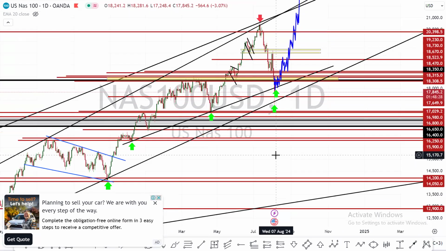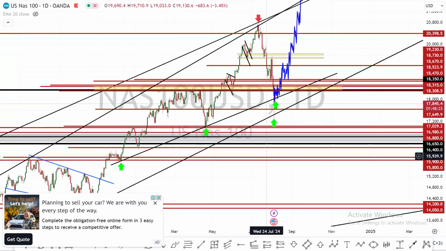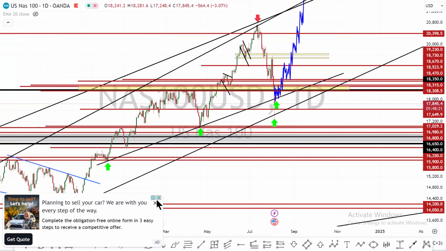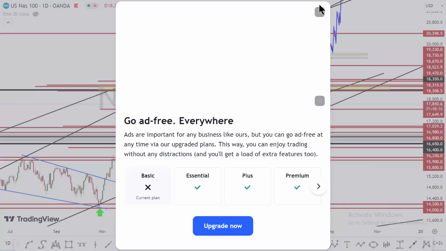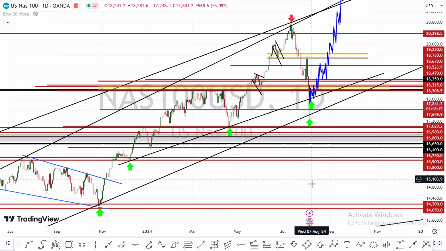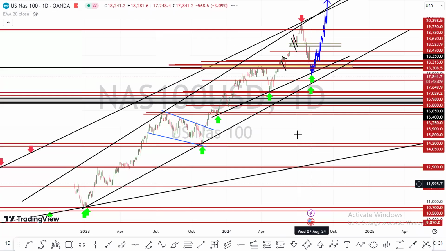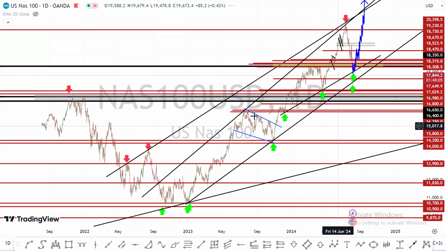Okay, just hold on. Okay, guys, I'm going to run out of time. I just want to zoom out on the daily time frame just to get the market structure.